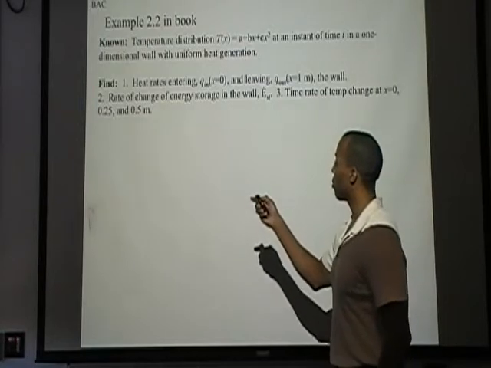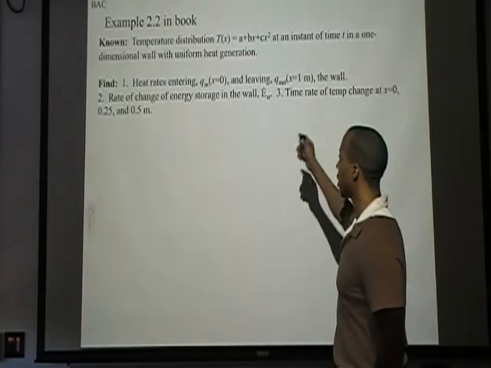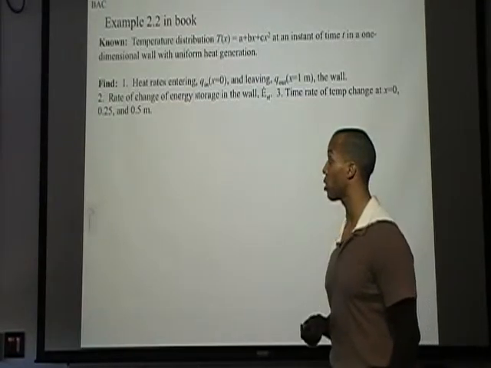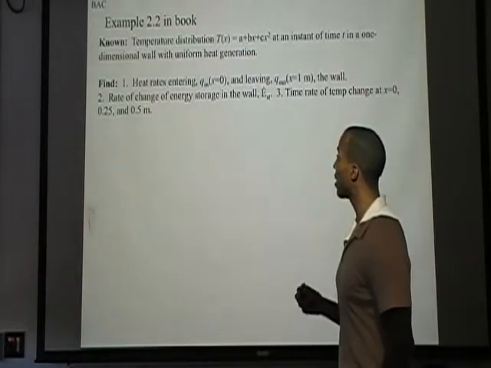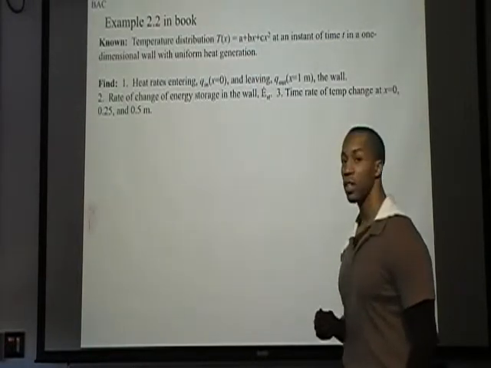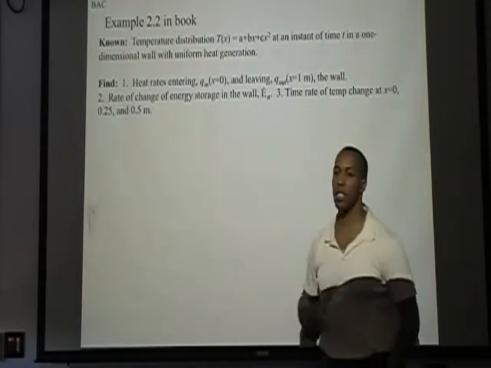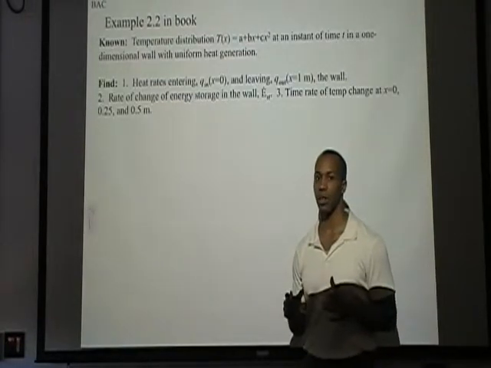So let's look at what we want to find. Heat rate entering and leaving. I just talked about using Fourier's law, so we're going to apply Fourier's law to solve that, and you'll see that in a second. The rate of change of energy storage in the wall. So what is that? Here we're talking about E prime sub ST. Sometimes we made a big leap during this lecture.